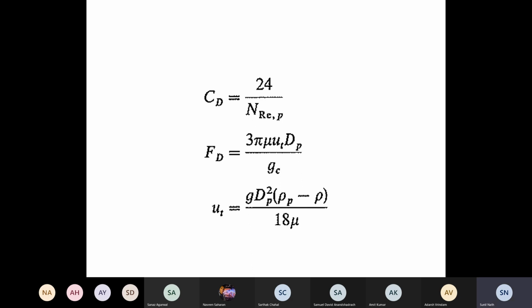Not that for the Stokesian, but the general equation with the 4 by 3 under the root. And tell me what kind of errors you get if you were to assume Stokesian at the limit of extremity of RE equal to 1.